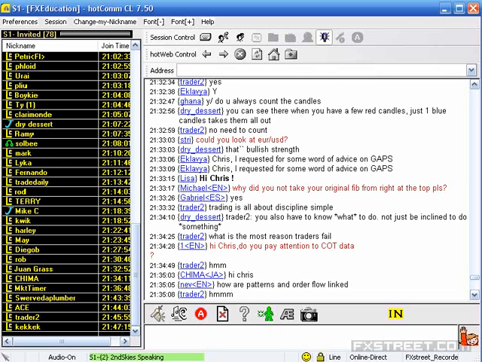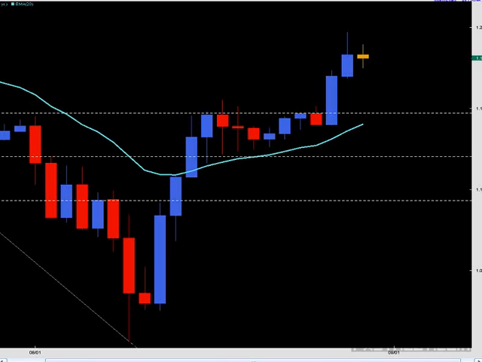Chris, do you pay attention to COT data? Not really, because COT data is not all the contracts, it's just the futures contracts. And you have to remember the Forex market is spot, futures, swaps, options, and everything. So I'm really concerned about reading price action in real time.